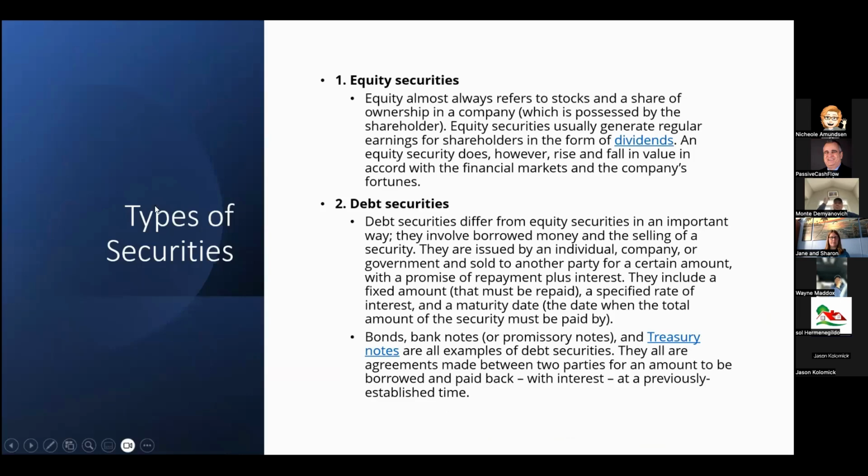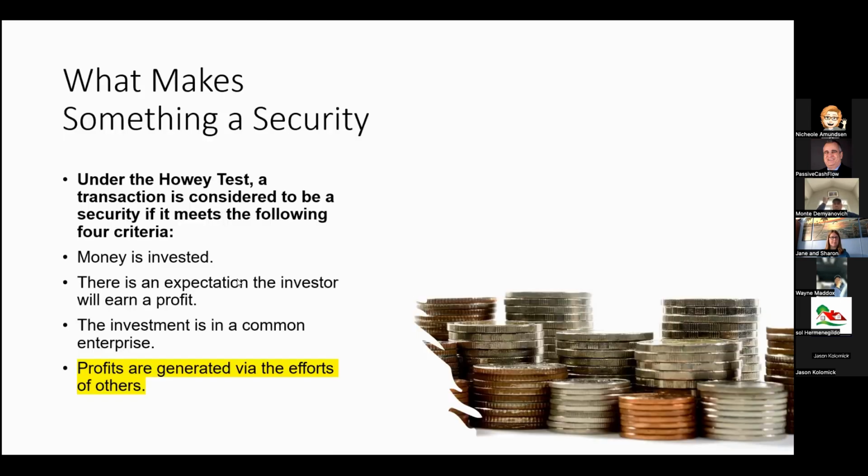So that means that we need to pay attention to this, because most of us that are raising money to buy multifamily property are triggering the securities laws.